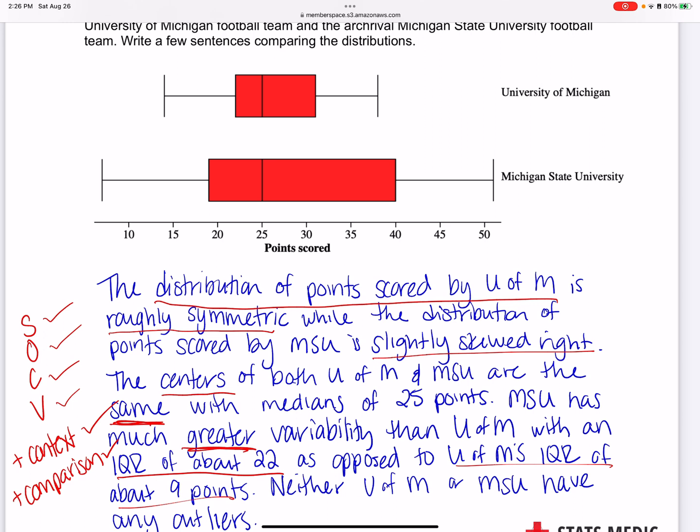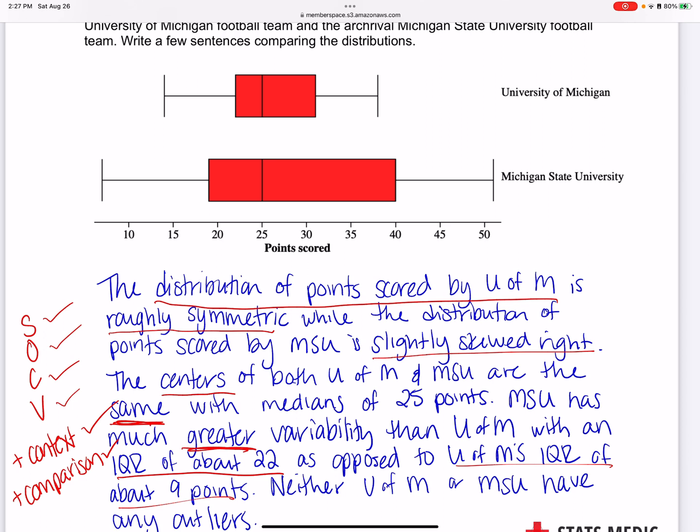You can definitely see the Michigan State University is a little bit skewed to the right because the median is at 25, and if it was more centered, it would be more at 30, but it's pretty good. It's pretty close. And remember, everybody gets different data. If I go out and ask 100 people versus you go out and ask 100 people, or your friend goes out and asks 100 people what your favorite team is, it's going to get something similar, but not exact.